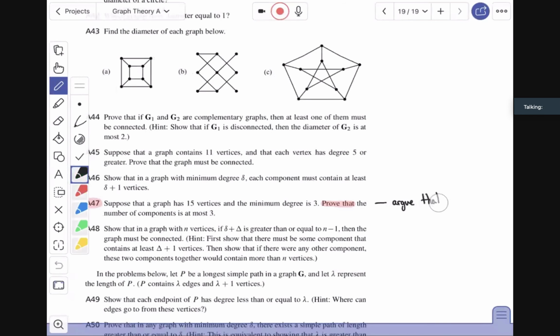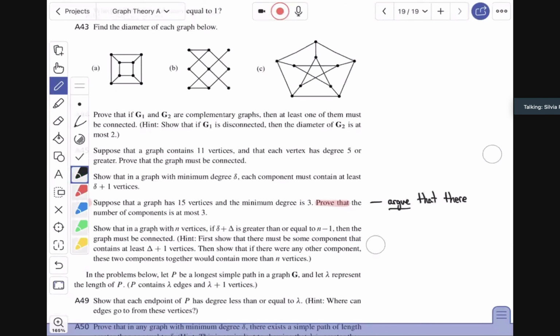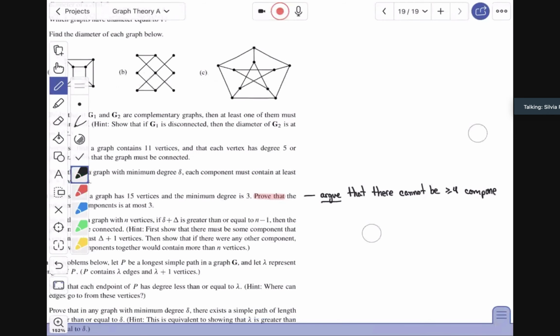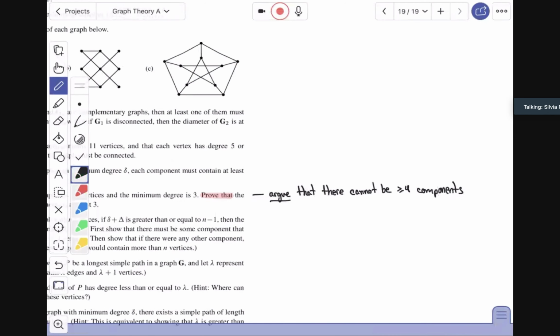that there cannot be more than 4 components. And that was the explanation that each component has at least 4 vertices.